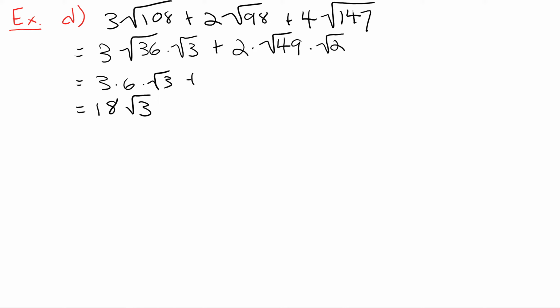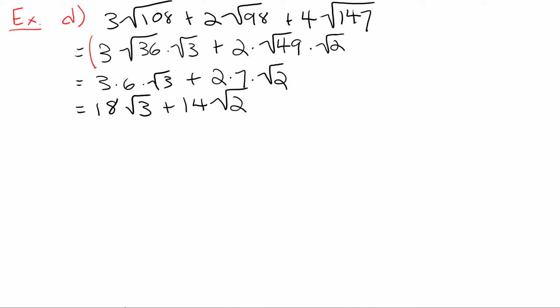And if I simplify that, I get 2 times 7 times root 2, and if I simplify that more, I get 14 root 2. There we go. Okay, so now I've simplified 2 of the 3 radicals in this expression.